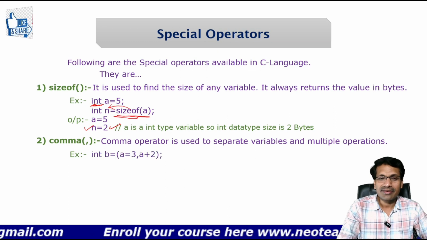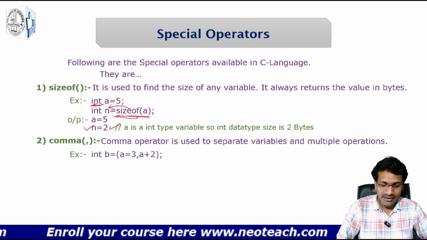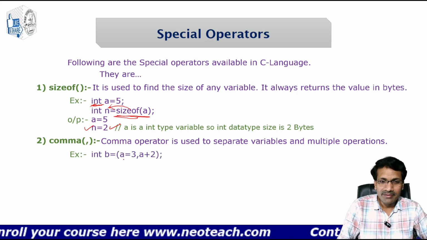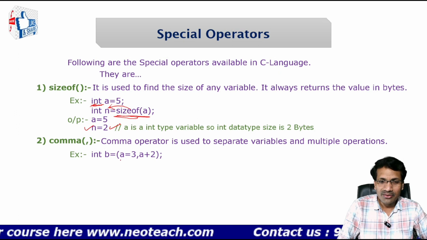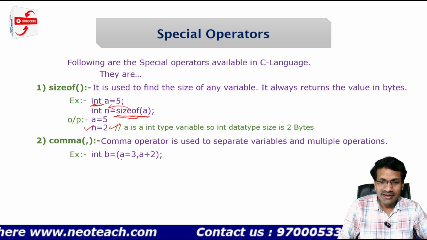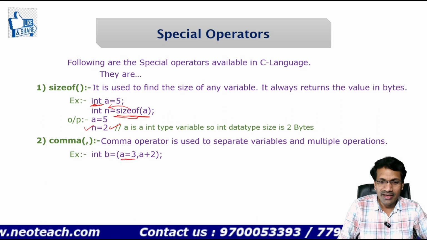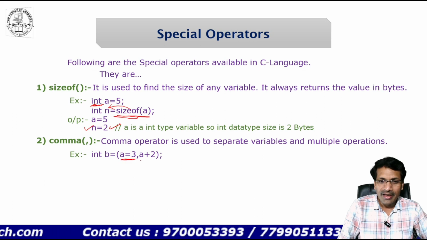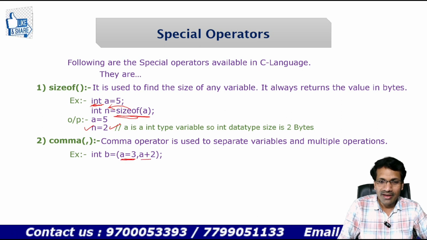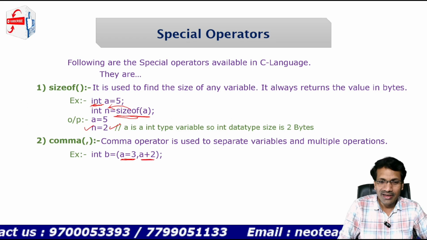Okay, so let's take one example here. Integer b is equals to, in this bracket 2 expressions are there. See, 2 operations. We are doing one assignment, a assignment by 3, and in this operation we are performing addition, that is a plus 2.